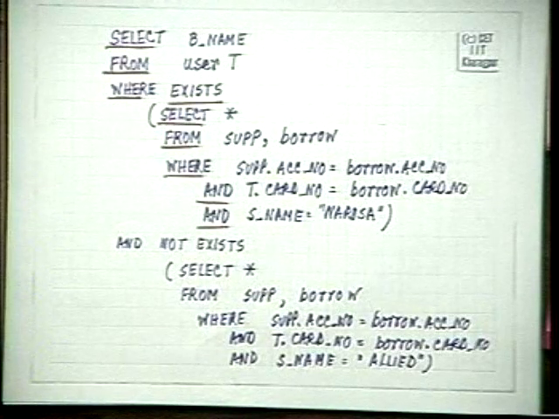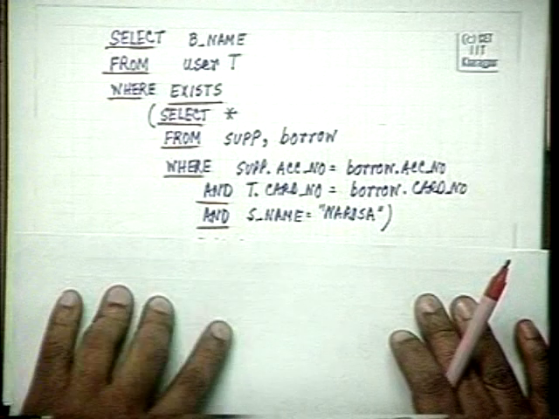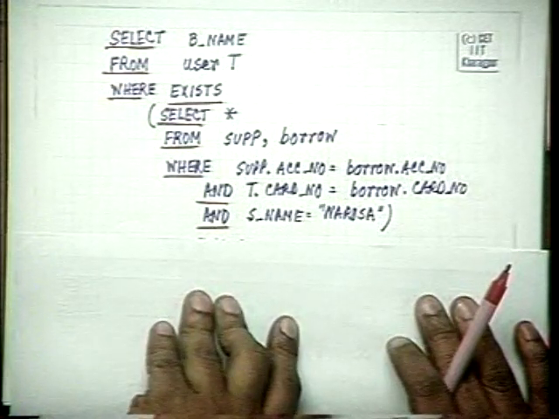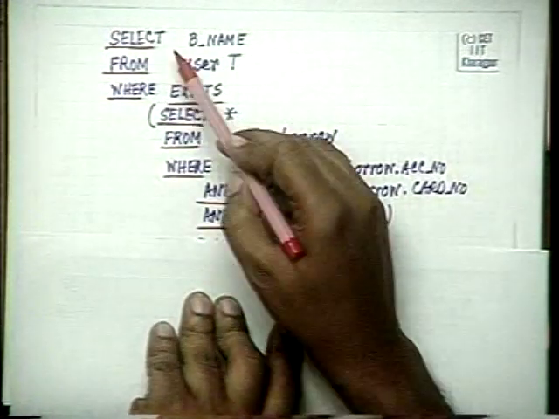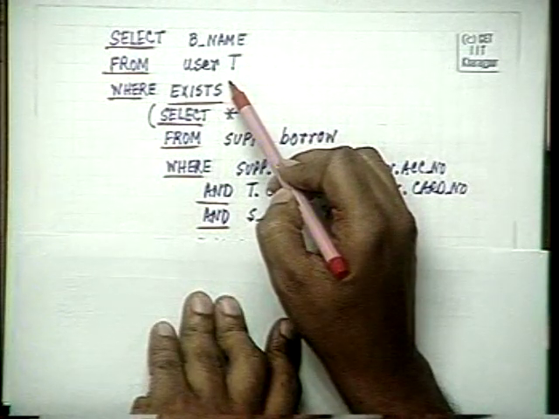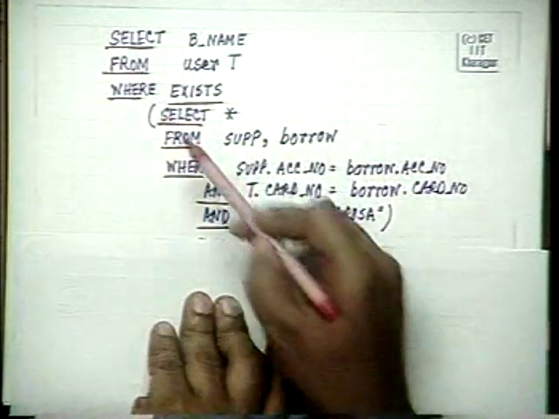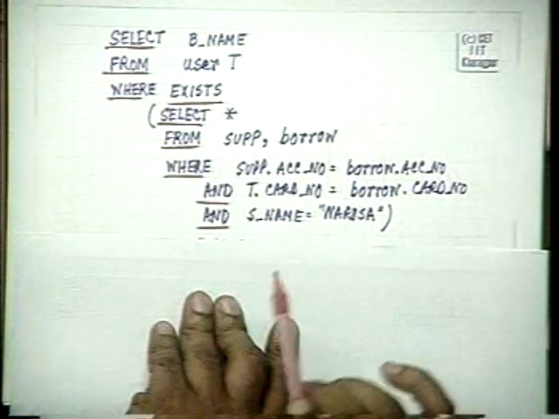Let us see the first part. This is a valid complete SQL query. Select borrower name from user T where exists. Exists means the answer returned here is non-null.